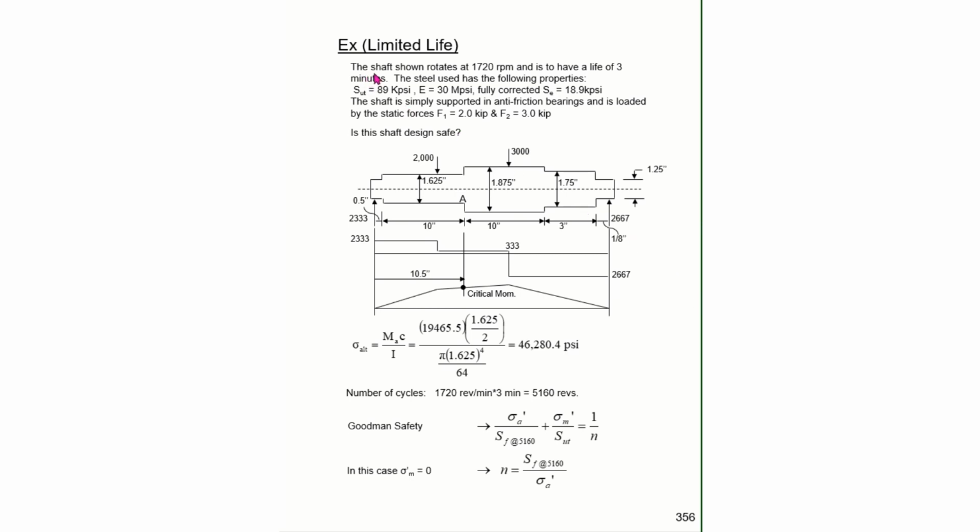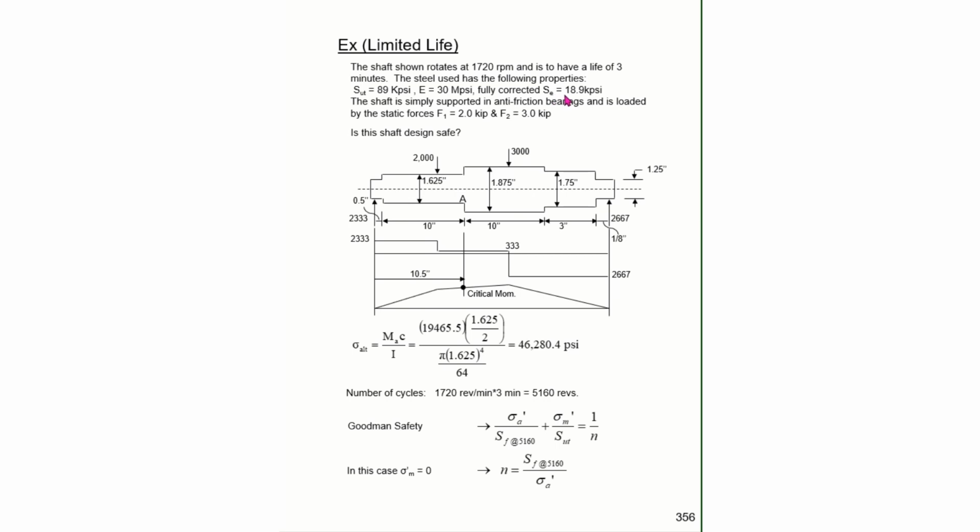Here it says the shaft shown rotates at 1720 RPM and is to have a life of 3 minutes. So it doesn't live for very long. The steel used has the following properties, SUT, E, and you love to see this, a fully corrected endurance limit.